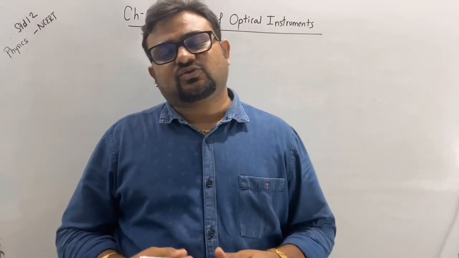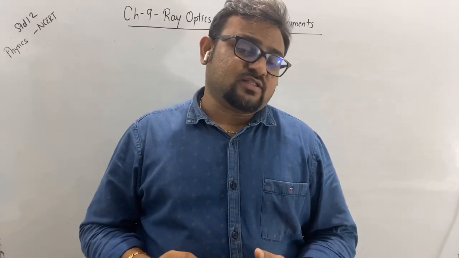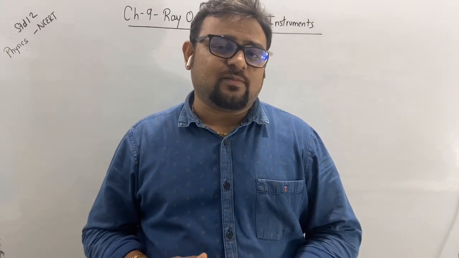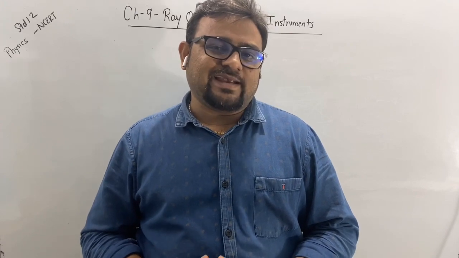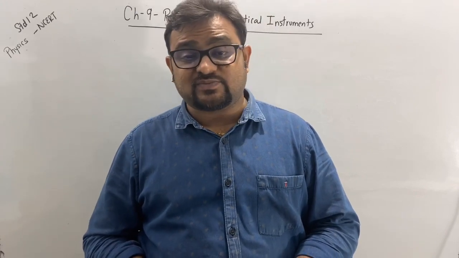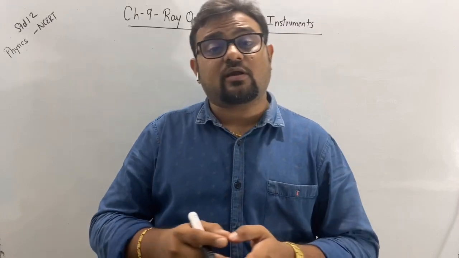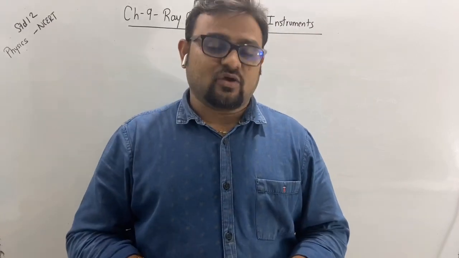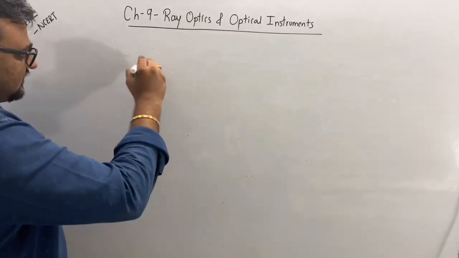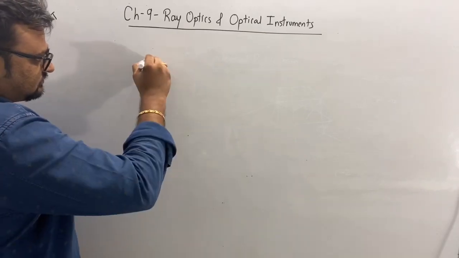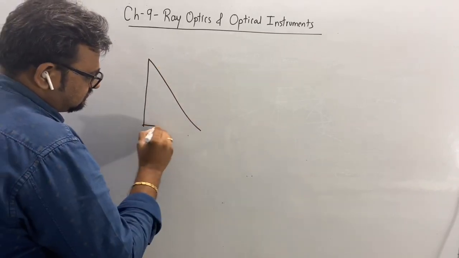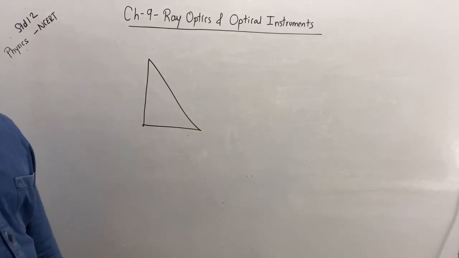The next use is that using an isosceles right angle prism, we can deviate the light rays by 90 degrees or 180 degrees. Okay, let's see the first one.